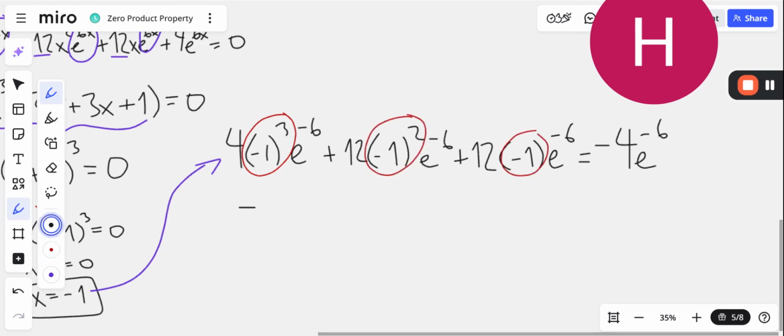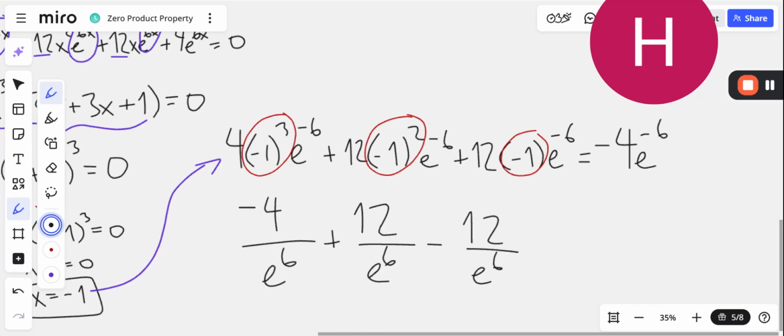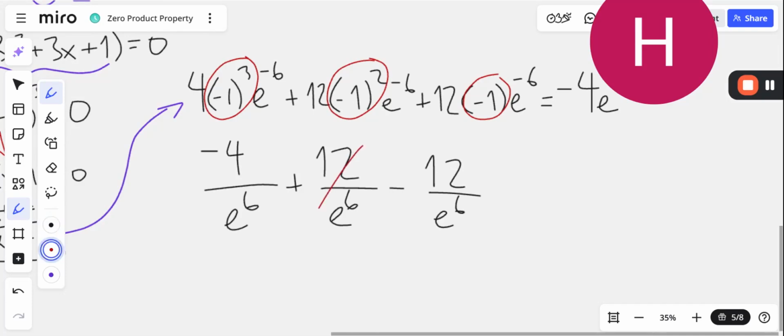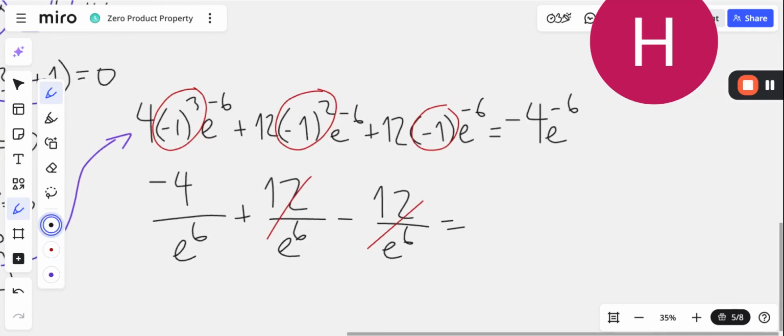Really easy. So this is just going to be negative 4 over e to the 6, plus 12 times positive 1, so plus 12 over e to the 6. And then here we have minus 12 over e to the 6. Of course, these cancel. And so yes, this does satisfy the equation, because negative 4 over e to the 6 is equal to negative 4 over e to the 6.